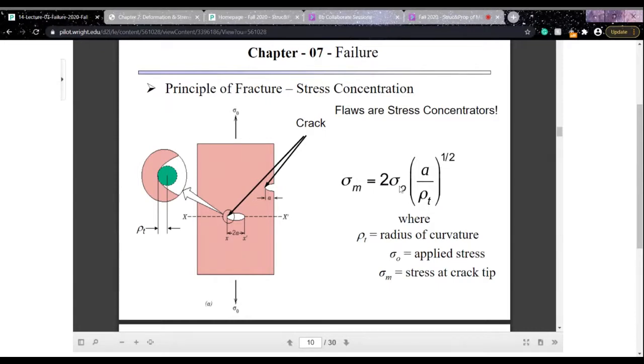Here sigma naught is the applied stress and rho is the radius of curvature of the crack, and a is the crack length. So if it is a surface crack, then you can take the surface crack length as a. But if it is given as an internal crack, so that you are given the value of 2a, then from 2a you need to calculate a and then put it in the equation to find the stress at the crack tip.